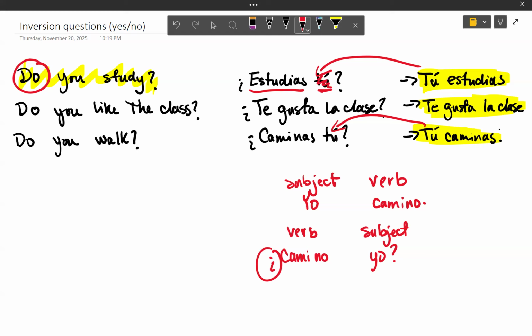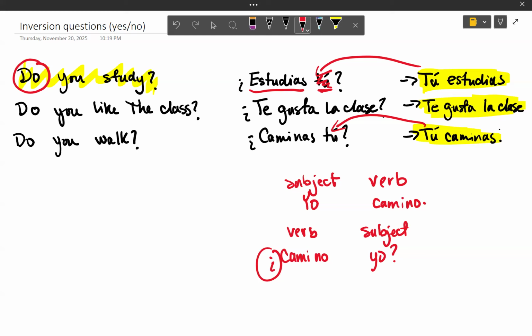And many times in Spanish, it's natural just to drop the subject. But in English, if I were to say I walk, that makes sense. But if I were to drop the subject, I would have walk. You're like, well, you walk, I walk, we walk, they walk. So in English, we use the same verb conjugation for almost all of the subjects and a lot of verbs. So that's why in English we can't drop the subject, but in Spanish we often do.